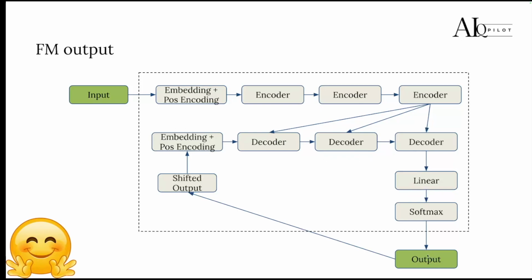And the output can be text or code or images, based on the type of foundation model that you're using. Based on this architecture, you can think of a foundation model more like an engine, which gets some inputs and then generates some output. And just like any engine, we need to have precise control over the output which is generated. So we need to guide the output, and we also need to be able to evaluate the output.